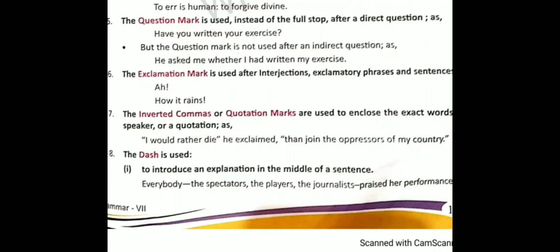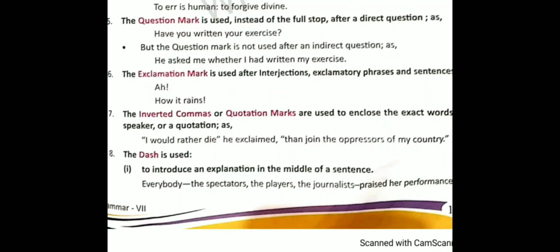All right, we'll move to the next one, that is the dash. The dash is used to introduce an explanation in the middle of a sentence. So here the example is given: when you explain something in the middle of the sentence, then you use what?